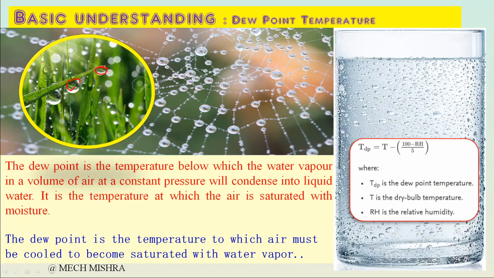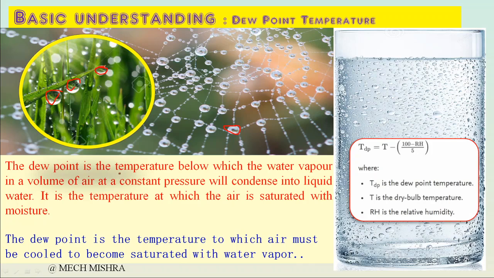When you come in early morning, you see on the grass, on the leaves, or on the spider web, these droplets. They condense out from the air on these surfaces when the temperature goes below the dew point temperature. So first is to understand the dew point temperature.